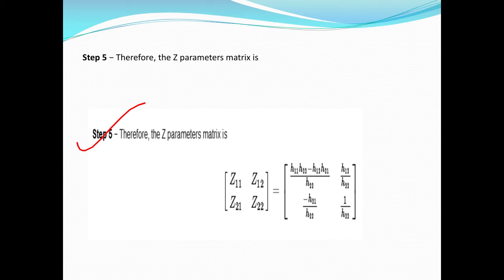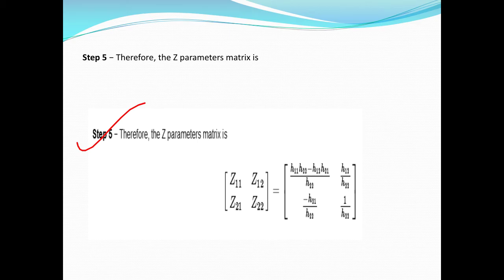Therefore the Z parameter matrix is Z11, Z12, Z21 and Z22, that is equal to the matrix of (H11 H22 minus H12 H21) upon H22, H12 upon H22, Z21 is minus of H21 upon H22 and Z22 is 1 upon H22.